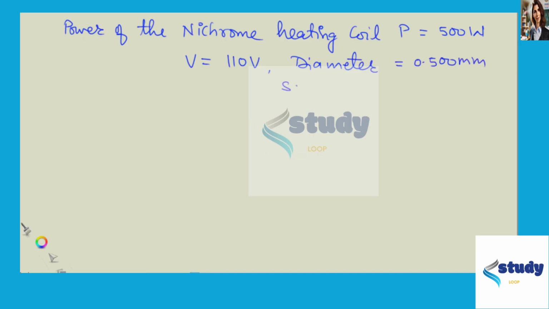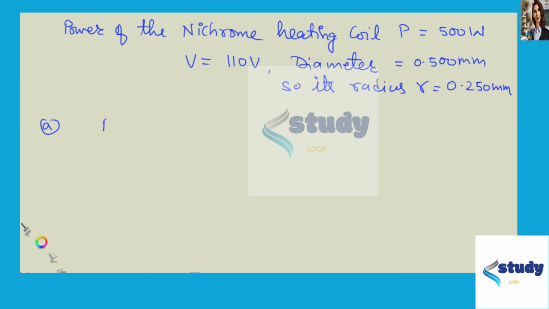So its radius of cross section will be half of the diameter, means 0.250 millimeter.